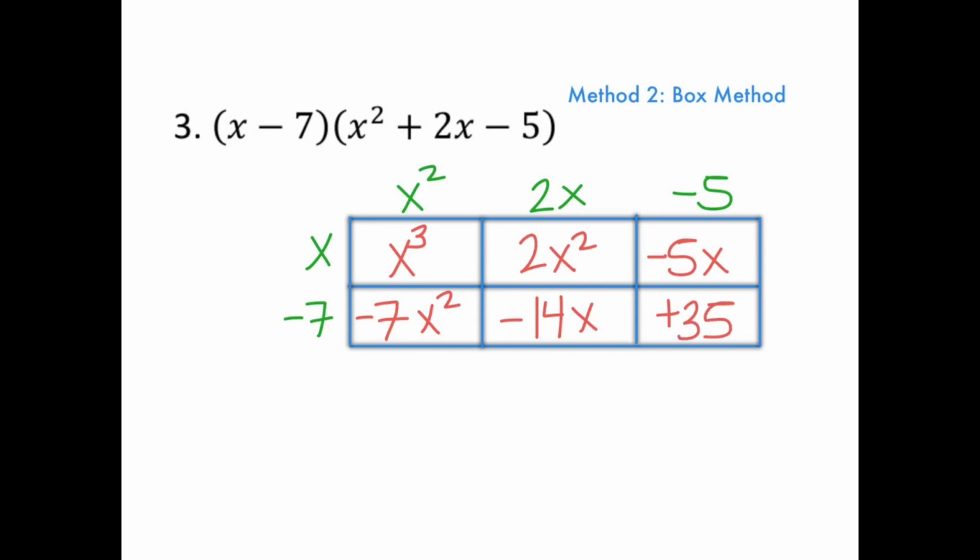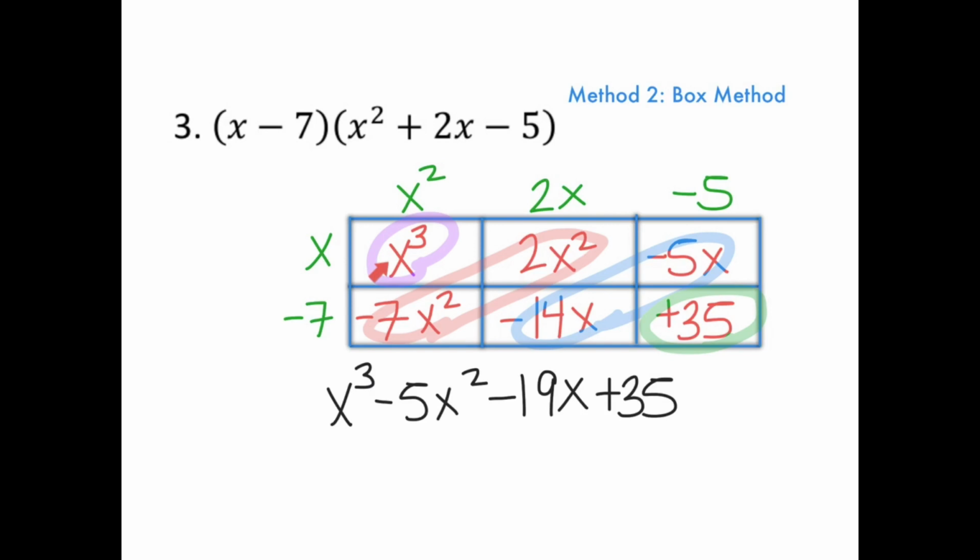The other piece to this is that if everything is in standard form and you're given nice problems, you can see on these diagonals that you get like terms, and that's what needs to be combined. It's very similar to your matrix multiplication where we are going to add the diagonals together, and I went ahead and highlighted in different colors the like terms.